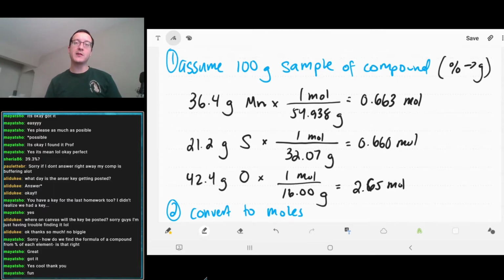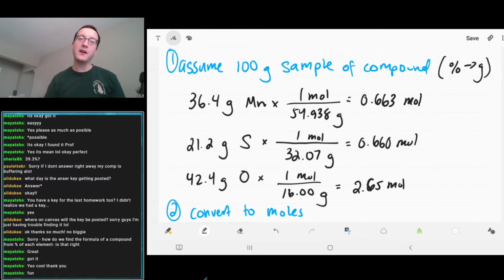Remember, moles are an easy way for us to compare how many we have of each one, right? So we're now stuck with these numbers that don't seem very nice, but the important part here is figuring out the ratio between these atoms.